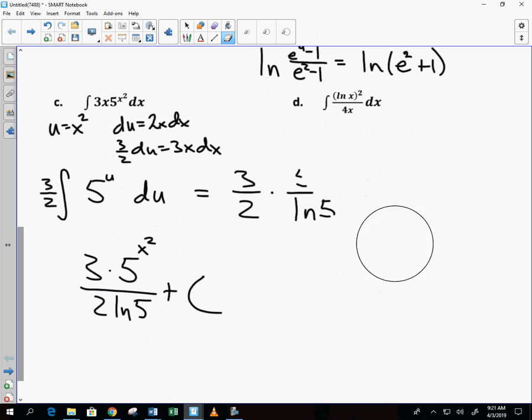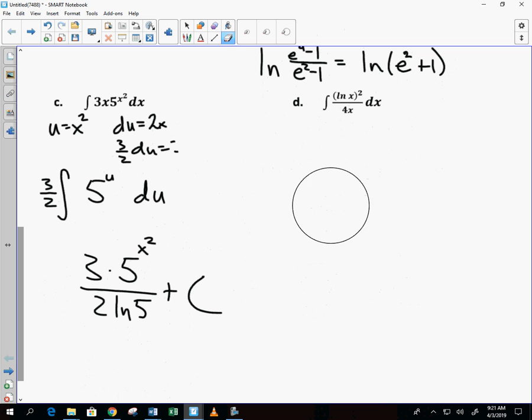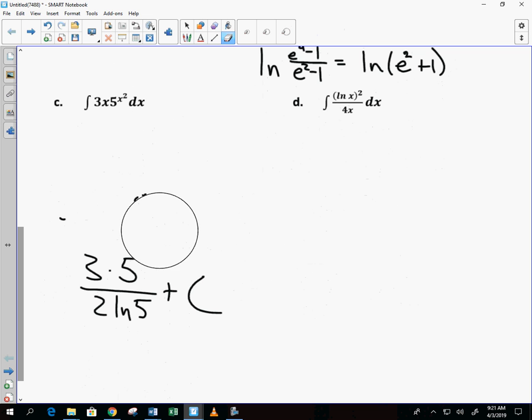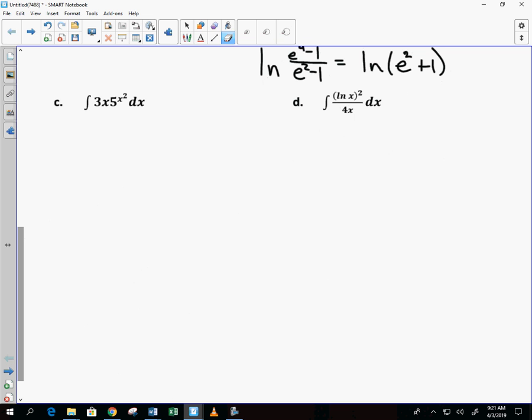Anybody want to take a guess at what we want u to be for letter D? Very good, natural log of x. So u is equal to the natural log of x. What is du? Not yet. I don't have a 1 over x dx. I have a 1 over 4x dx. So what are you going to do?